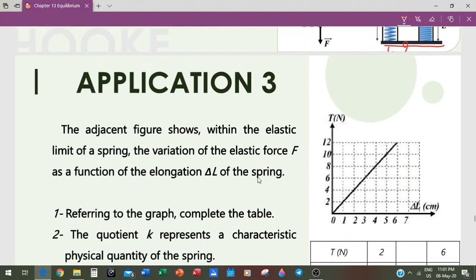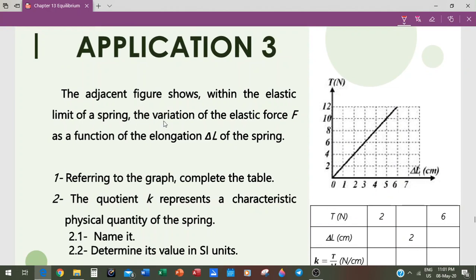Let's do this application. The adjacent figure shows, within the elastic limit of a spring, the variation of the elastic force F as a function of the elongation delta L of the spring. This graph shows the variation of tension as a function of elongation.